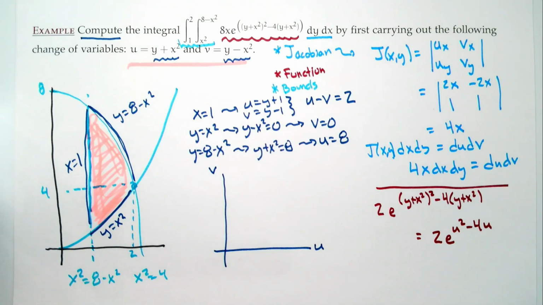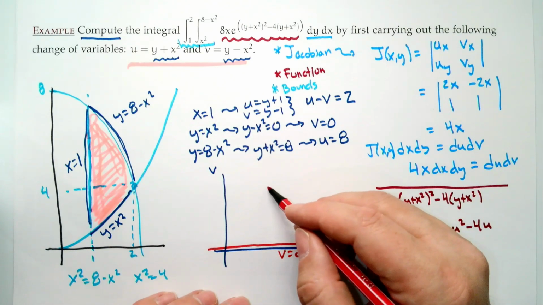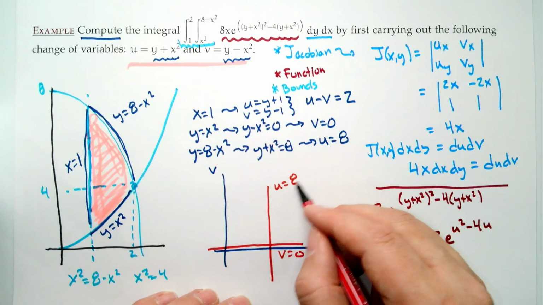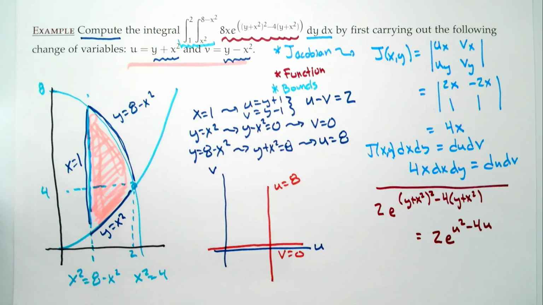Some of these curves are fairly easy to sketch. Let's change our color so we can see them a little better. If we sketch v equals 0, that's just right down there at the bottom. And u equals 8 is a vertical line. Then we have the other curve, u minus v equals 2.